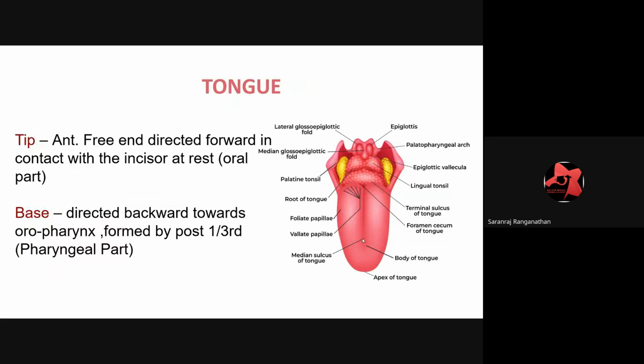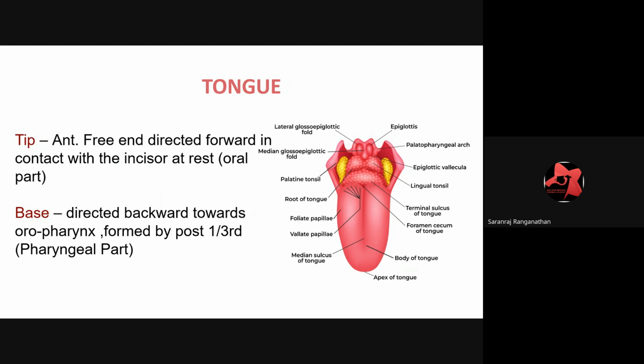Next we are going to see about the tongue. So the tongue has two parts: the tip part and the base. Other than that, they have given the individual place names. In the tip part, the anterior part, we call it the oral part.